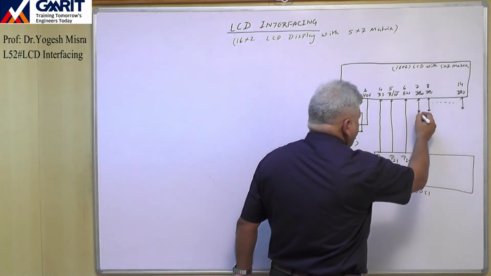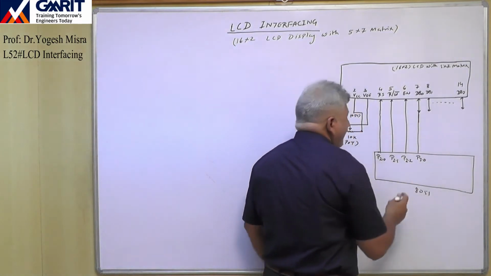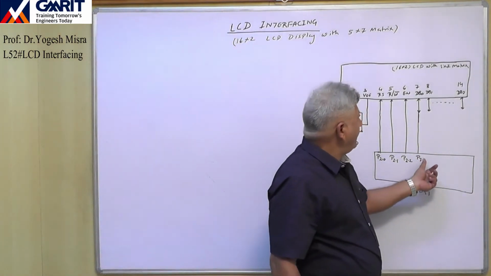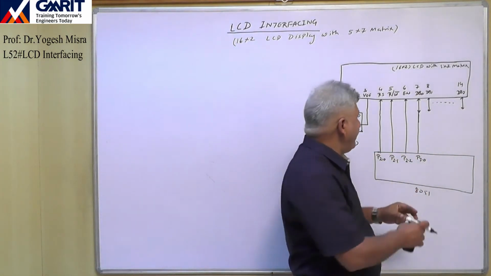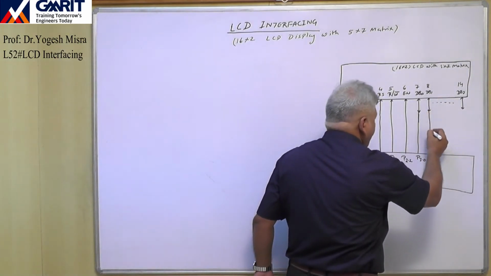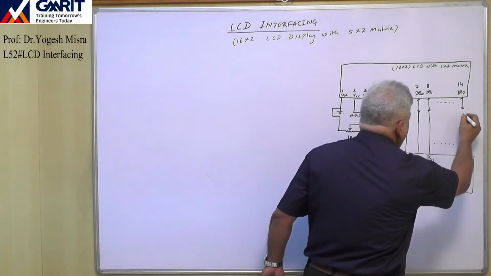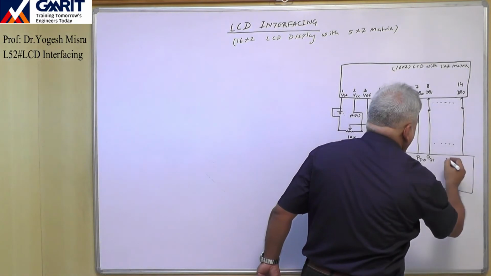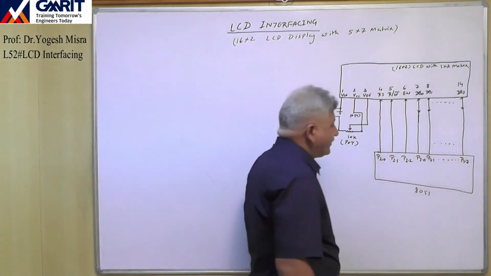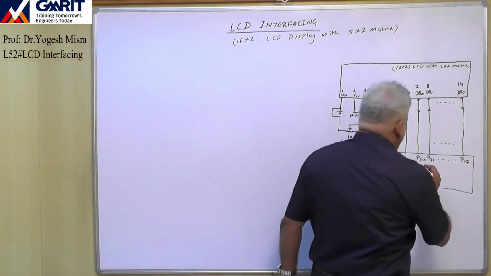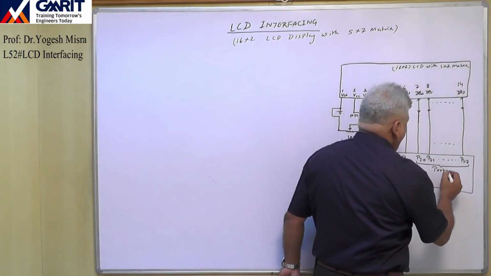And the data bus: DB0, the LSB of our data, we have connected to the lowest pin of port 3, P3.0. DB1 we have connected to P3.1. In this way, the last data pin is connected to P3.7. So the data bus of our LCD module is connected to port 3.